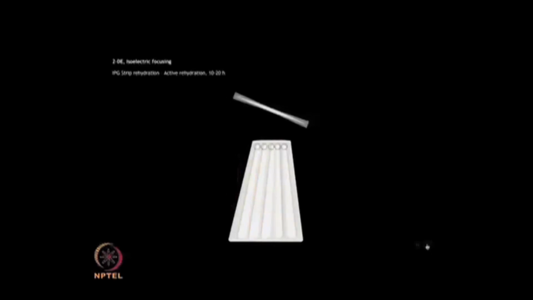The other process, known as active rehydration, is where the protein sample is added to the strip via a sample cup, followed by the cover fluid to prevent the gel from drying up.